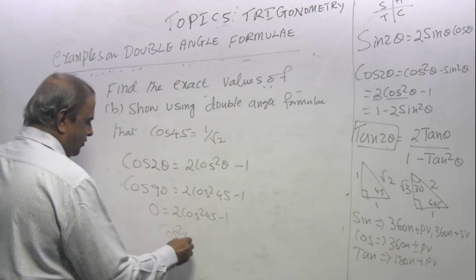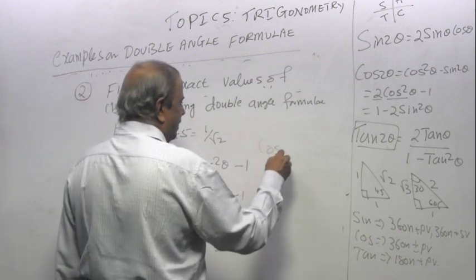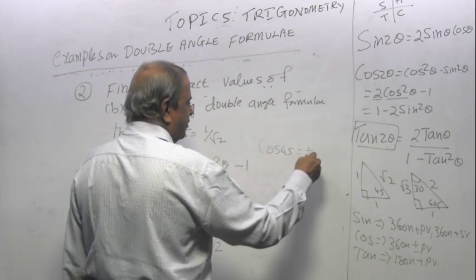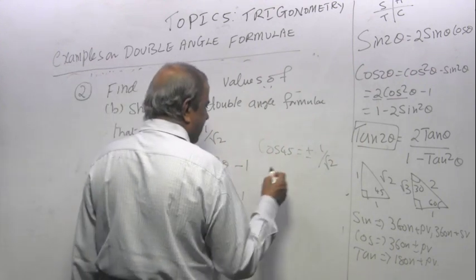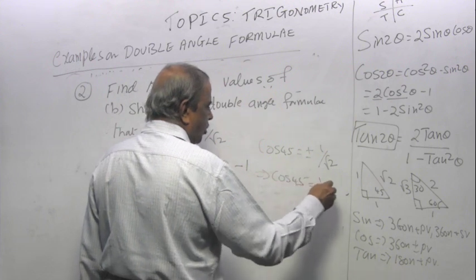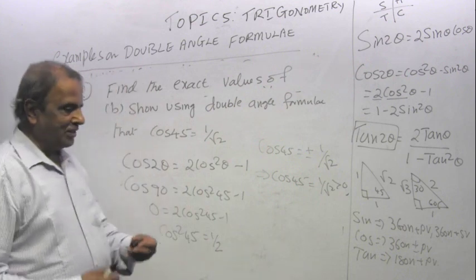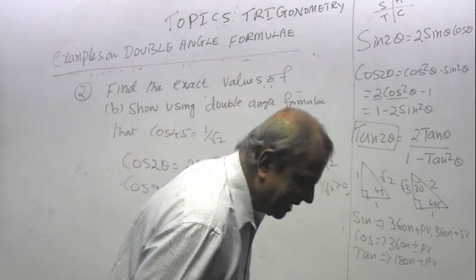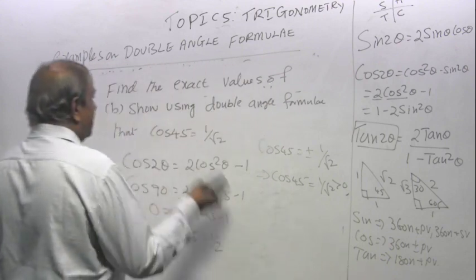So cos squared 45 is half. So cos 45 is plus minus 1 over root 2. But I want 45, can't be negative. So cos 45 equals 1 over root 2 because it is greater than 0. That's another way of applying the double angle formula. Very good.